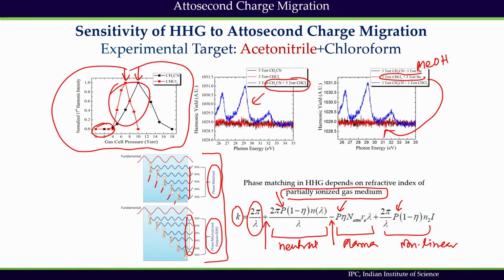So when we see a pressure dependent behavior in HHG, we always think that it could be because of the phase matching problem. Now, if it is a simple pressure dependent phase matching issue, then we could have imagined that when we used chloroform and helium, chloroform, methanol, chloroform with other molecules, all the molecules should have similar behavior, because I am increasing the pressure to the same level.